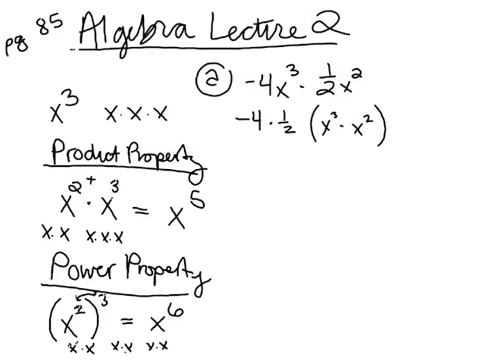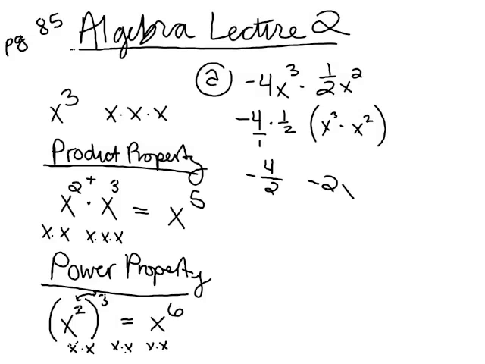So what's negative 4 times 1/2? Right, it's a fraction, so I just go straight across. So 4 times 1 is 4. 2 times 1 is 2. That's negative, so it turns into a negative 2. And how about my x's? X cubed times x squared.